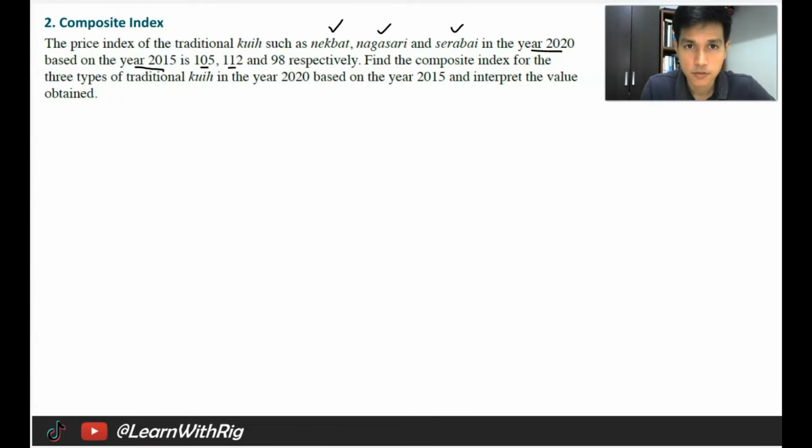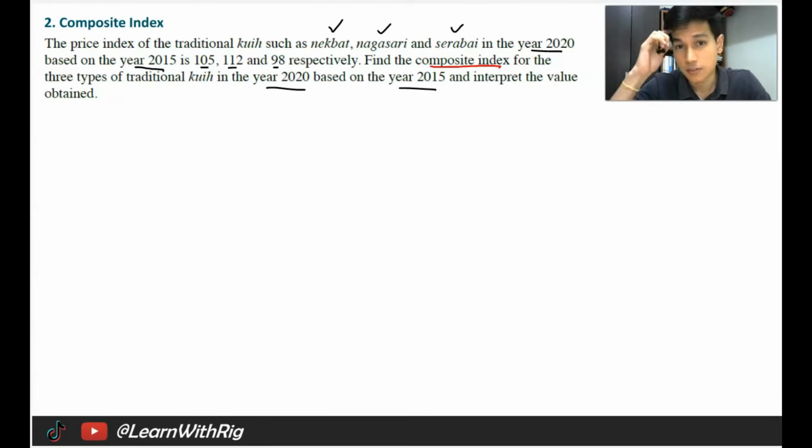They gave you the 3 different price indices for each of the kueh. Find the composite index of the 3 types of kueh in year 2020 based on year 2015. So they already told you what they want, right? They are looking for the composite index.